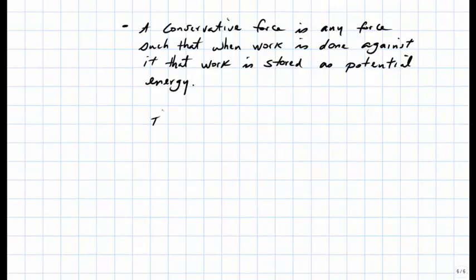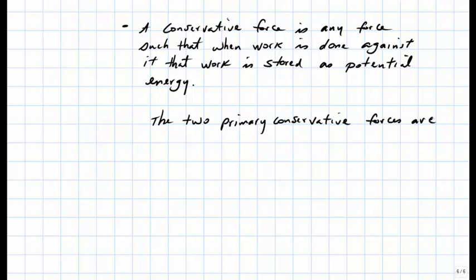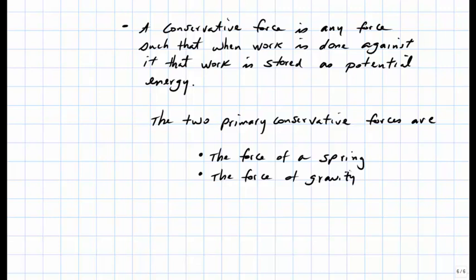For these reasons, the two primary conservative forces are the force of a spring and the force of gravity, which of course is represented by the weight of an object.